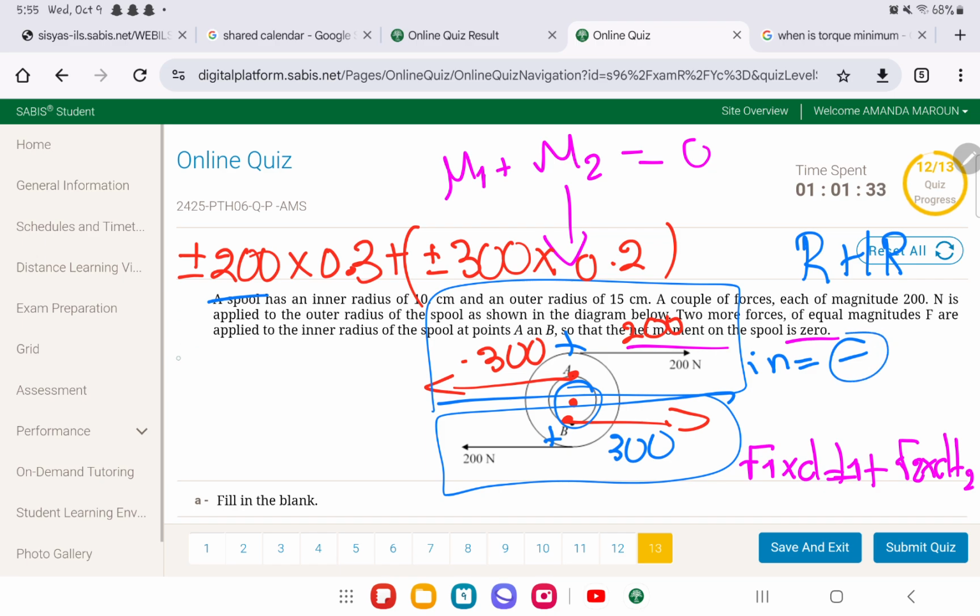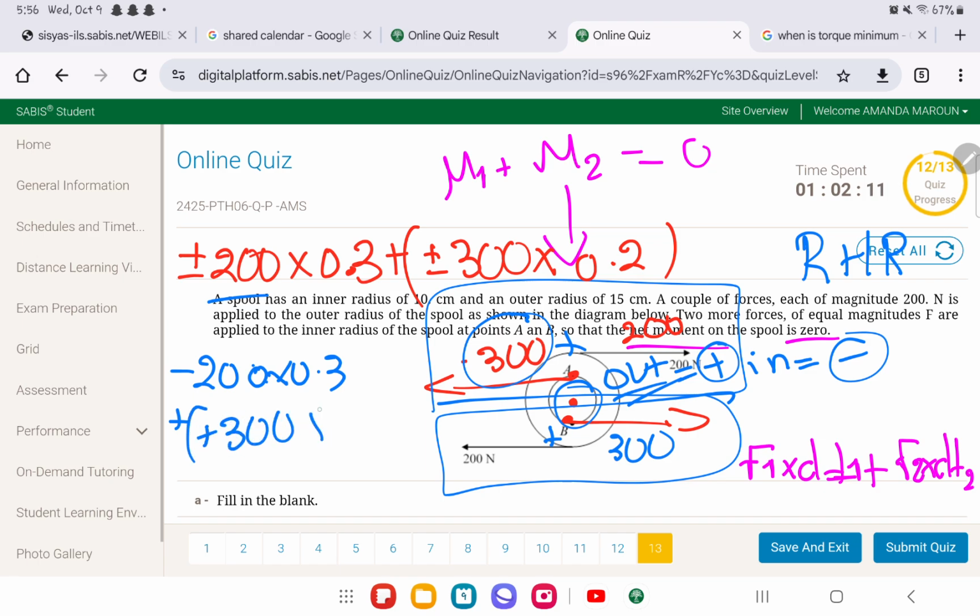So here it becomes negative 200 times 0.3 plus, if we're going to do the right hand rule for the 300, we're going to put our fingers pointing towards the left and our palm is pointing downwards. And you're going to see that our thumb is out. Since it is out, that means it is positive. So it's going to be plus 300 times 0.2. And if you do this on your calculator, you will get 0.